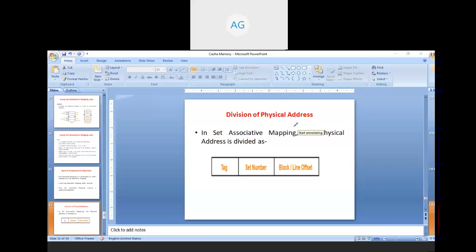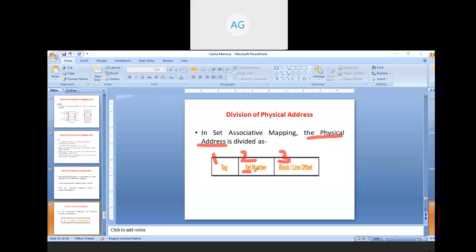Now the division of the physical address. In the case of set associative mapping, the physical address is divided into three parts, just like the physical address of direct mapping, which is also divided into three parts. First is the tag, second is the set number, and the third is the block or line offset.